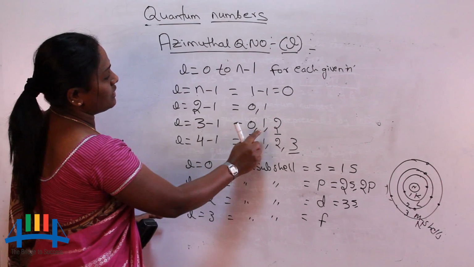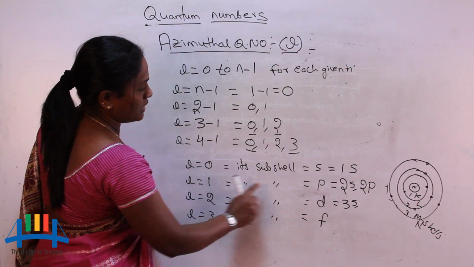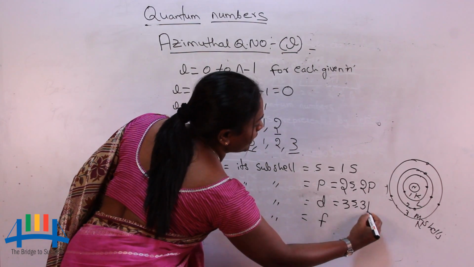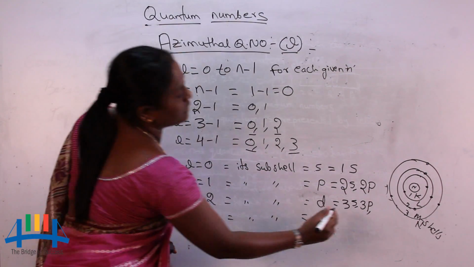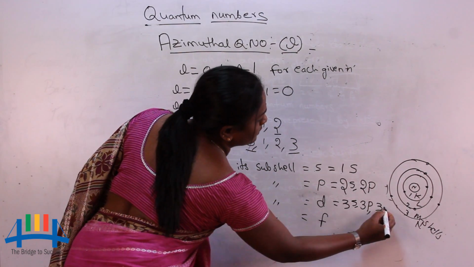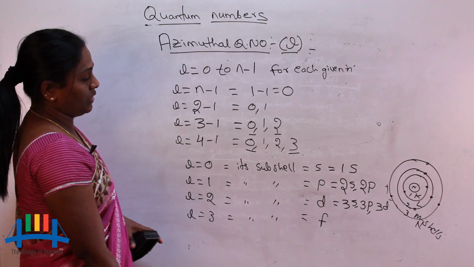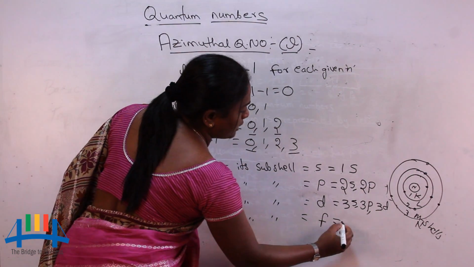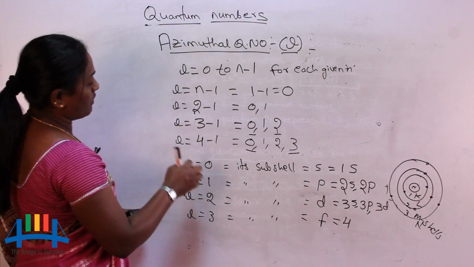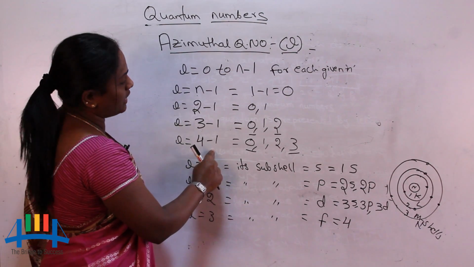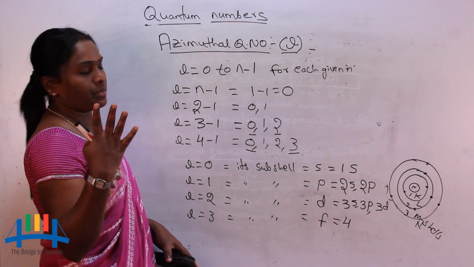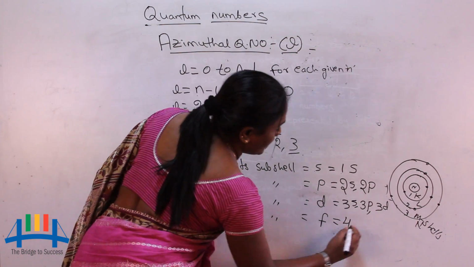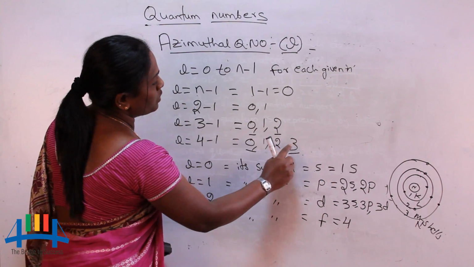If l is 1, then I should write 3p, and if l value is 2, then I should write 3d. If n is 4, then 4 minus 1 is 3, so the values are 0, 1, 2, 3. There are four values possible.